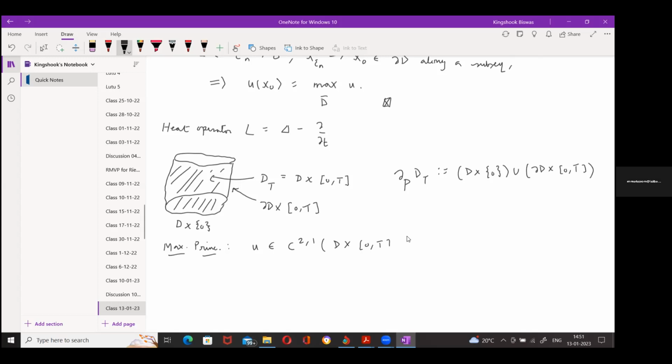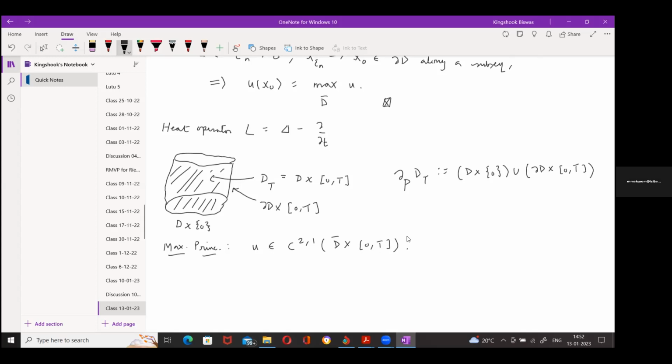What that means is it is C2 in the space variable and C1 in the time variable. Suppose we have such a function.